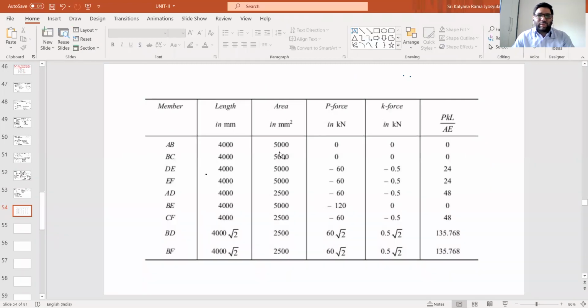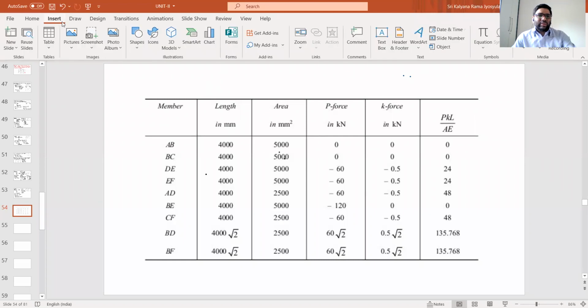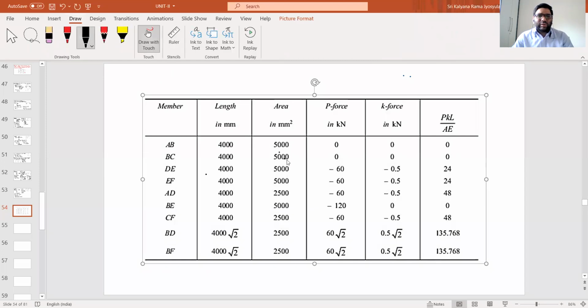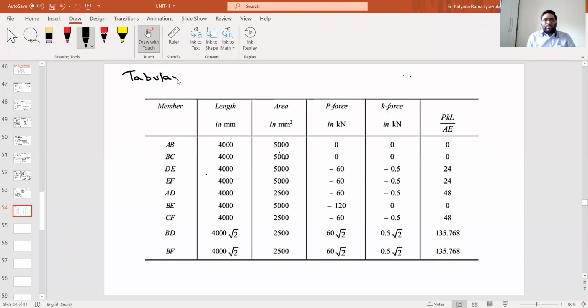This is the way we need to represent the overall tabular form for the calculation of the truss forces.